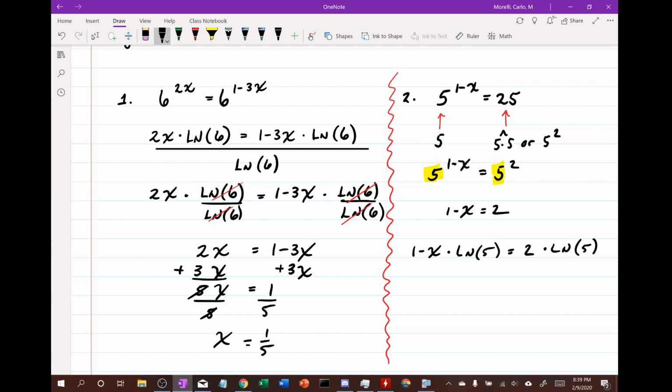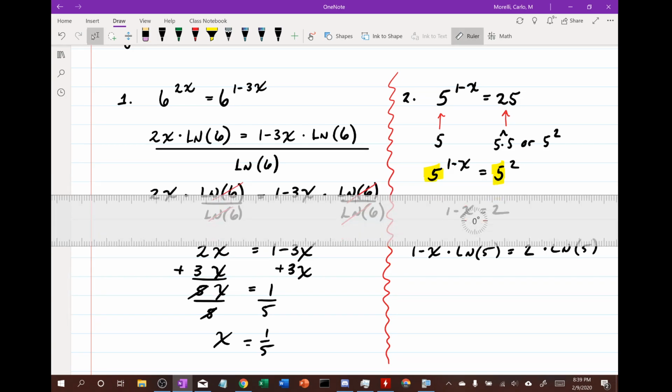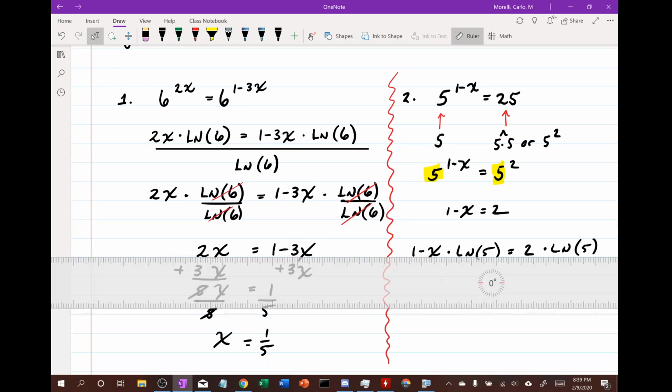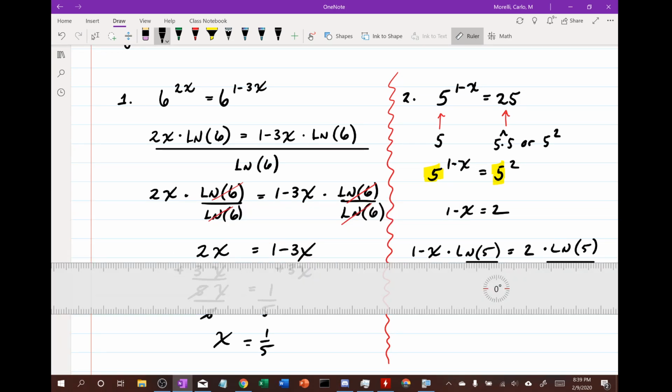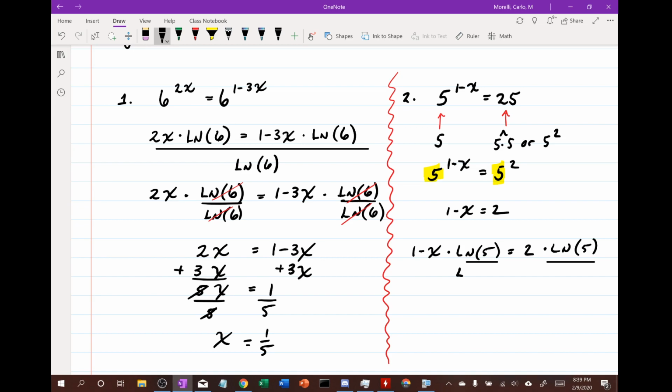And when we divide both sides by ln of 5, you see it cancels itself out. So rather than writing all of this and then showing that cancellation, we just remember that if the bases are the same, we set the exponents equal to one another. Okay, so then it's just a matter of minus 1 on both sides.